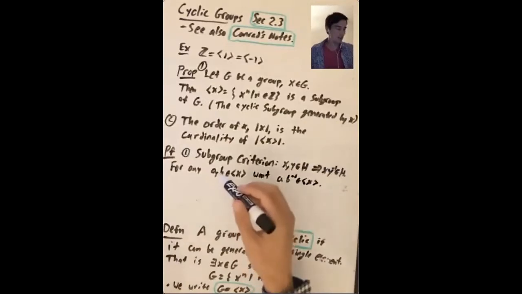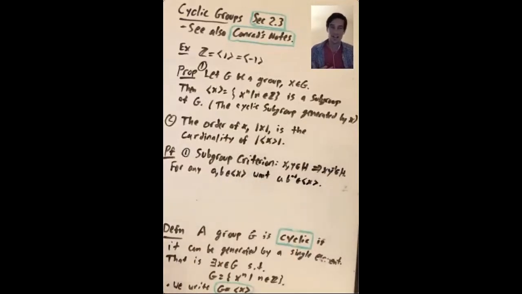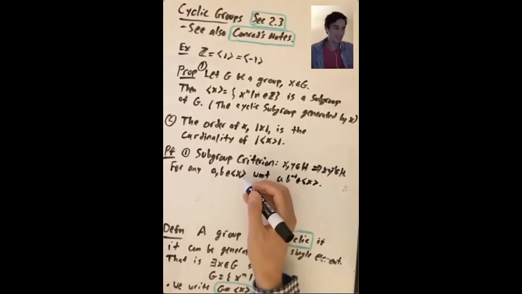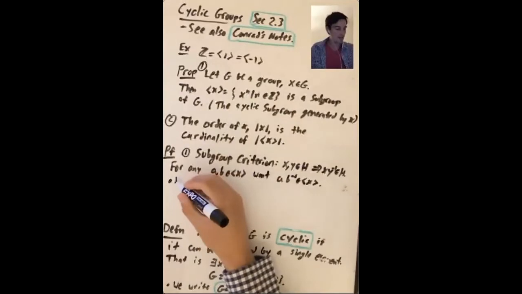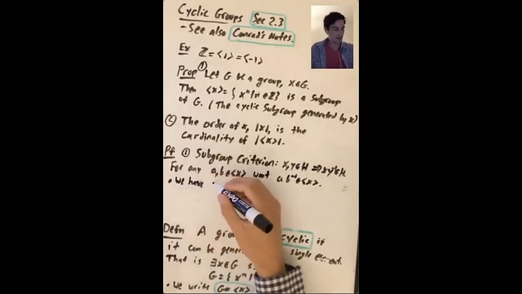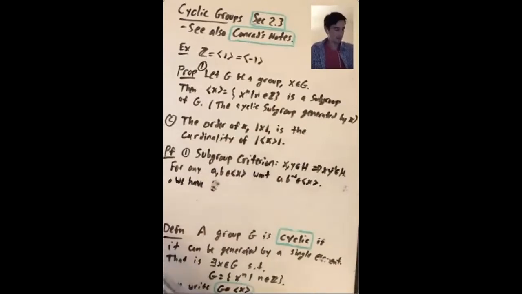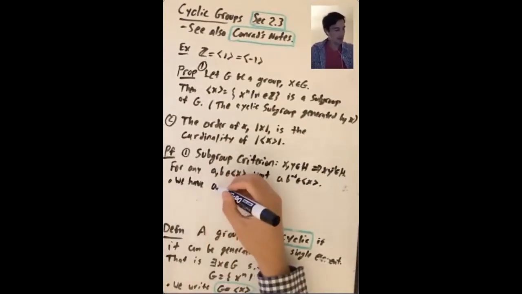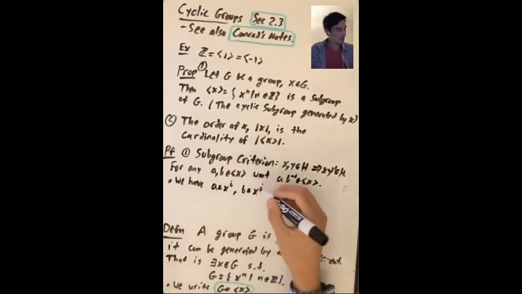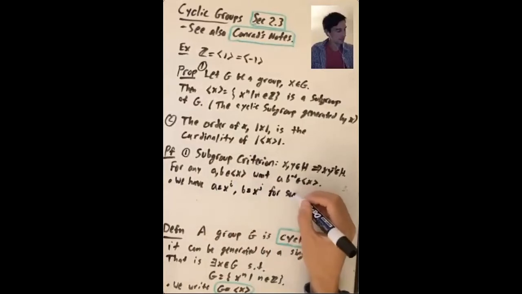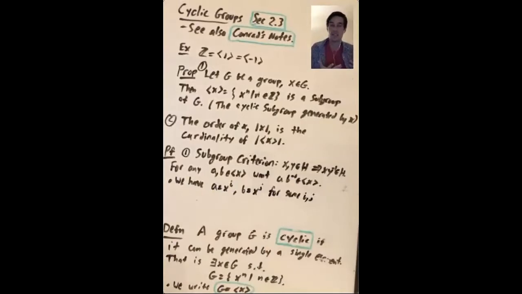And what do we know about these elements a and b? Well, almost nothing, but we do know that they're in this set generated by x, so they can be written as x to some power. So let me do it this way: a equals x to the i, and b equals x to the j for some i and j. Right? a and b might be the same, so i and j might be the same. We don't know. But what does this mean?